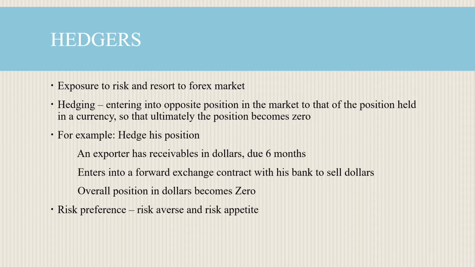Risk appetite people not only accept the risk, but also look for opportunities to gain some profit in that risk. So based on this, it is decided whether he's holding a hedging position or not.